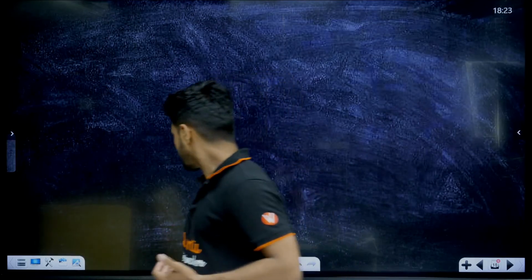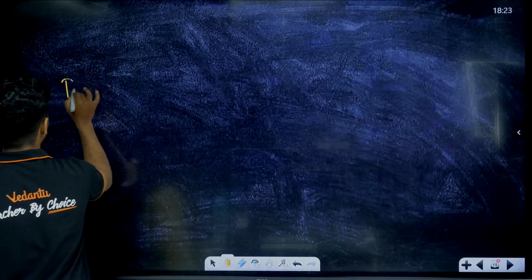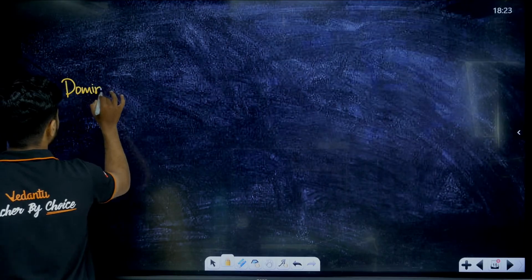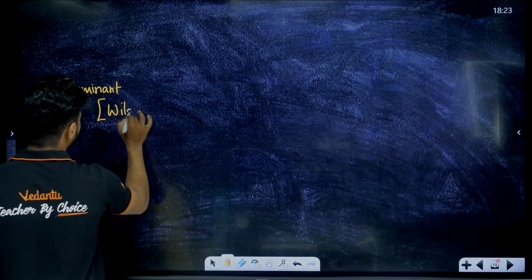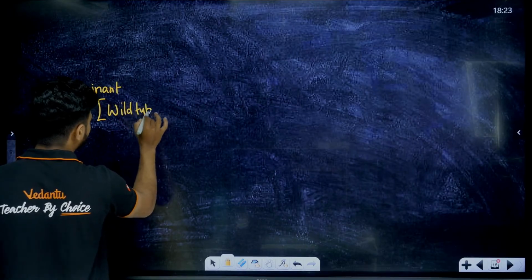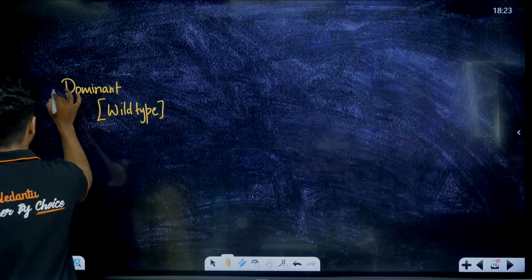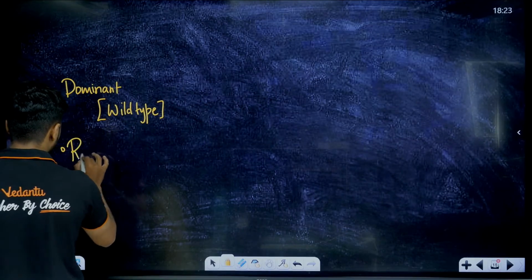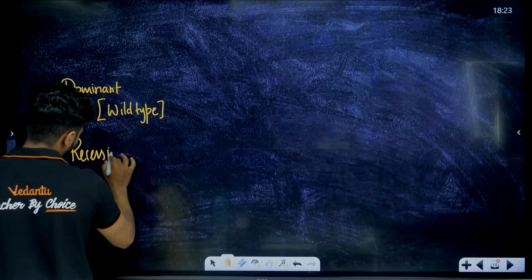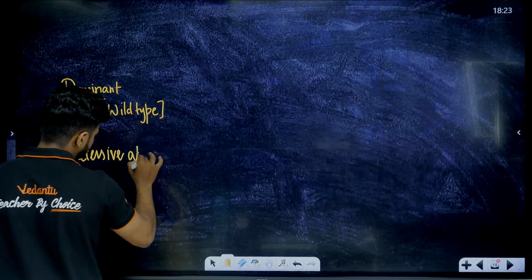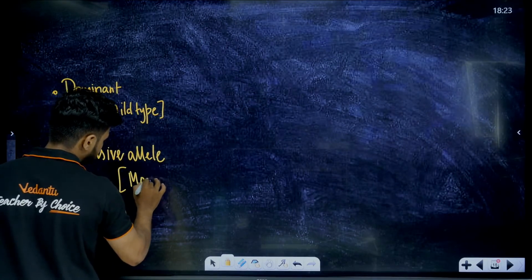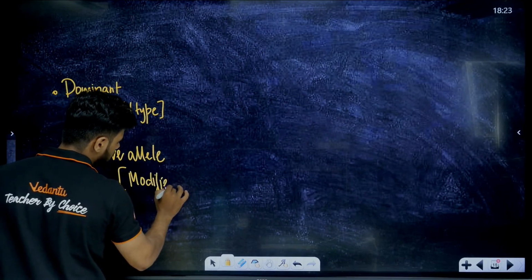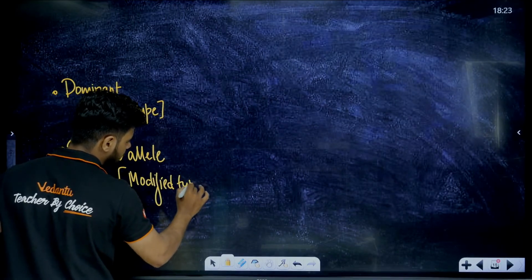Then there is something called a dominant allele and a recessive allele. Remember, students, dominant allele is also called your wild type. Then there is the recessive allele, which is also called your modified type.